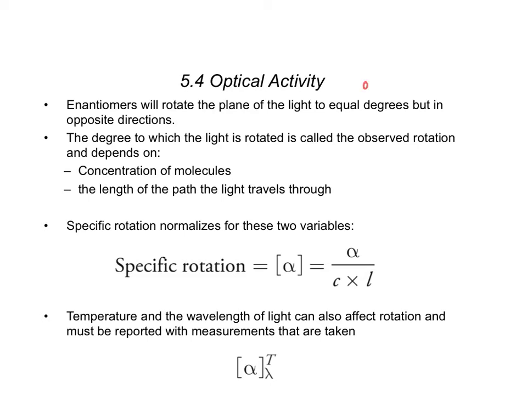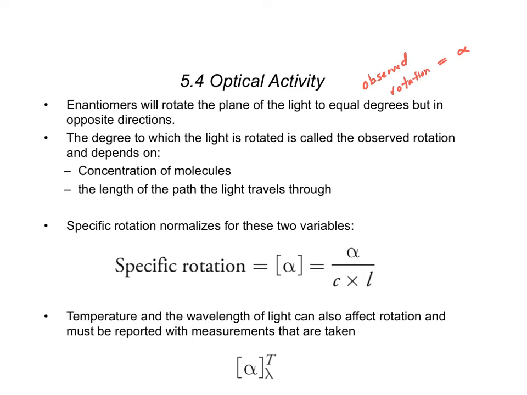Observed rotation is what we actually measure experimentally, and we give it the Greek letter alpha. That's the degree to which we see this rotation of light coming through from our second filter.